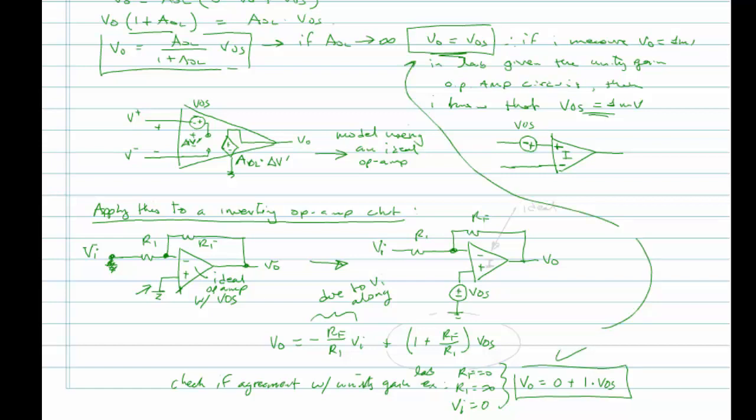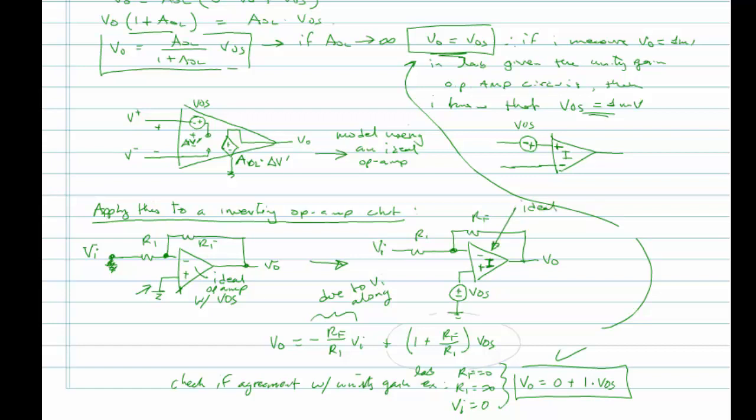Okay, so to recap, to include the offset voltage in an op-amp circuit analysis, you can simply proceed. Oh, I forgot to write this is an ideal op-amp. I'll put an I inside my op-amp. So this is an ideal op-amp.